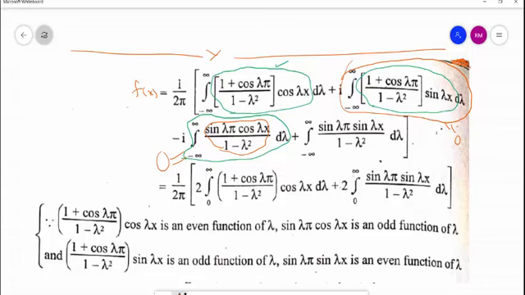So we get this step. Here 2 gets cancelled, and in the next step we will discuss the expansion of these two terms. If you multiply by cos lambda x to this bracket, taking 1 minus lambda square outside from this bracket, we will see what happens in the next step.